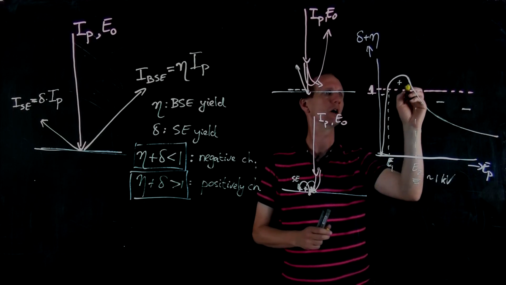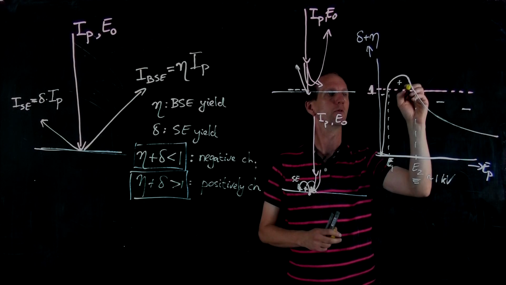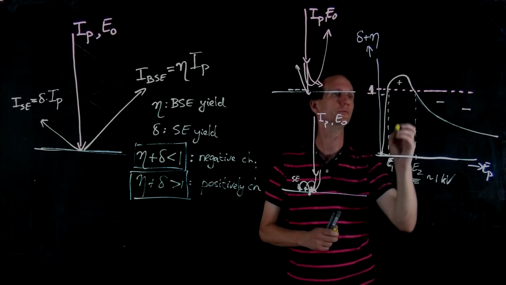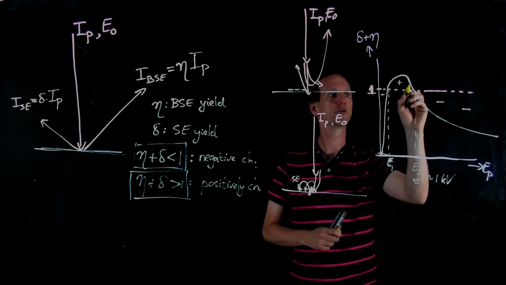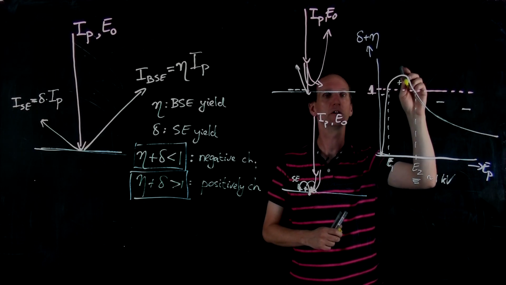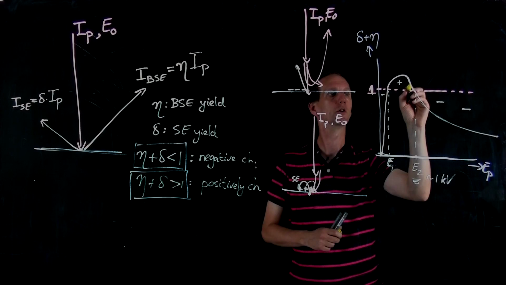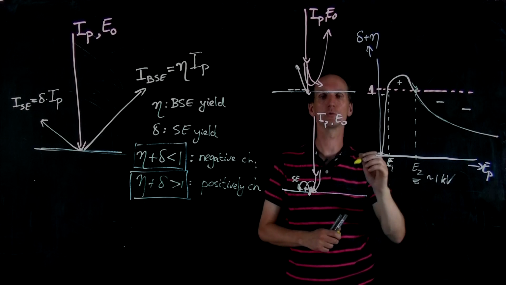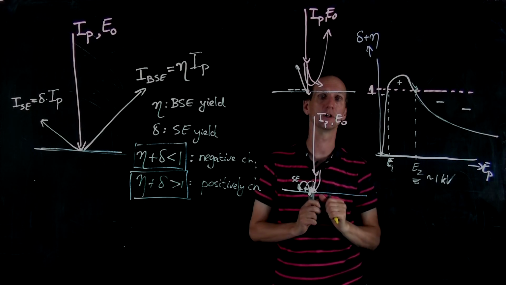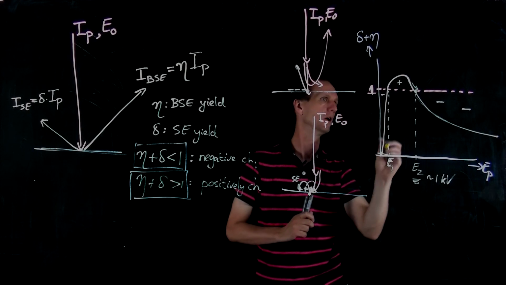If we end up with an incoming primary beam with an energy slightly lower than E2, we'll see that the sample will positively charge. So the incoming electrons will be accelerated. They will go to higher energy, and we will gradually lower the total electron yield while the energy of the beam is increasing until we hit the point of E2, where the total yield is 1 and the sample becomes stationary in terms of charging.